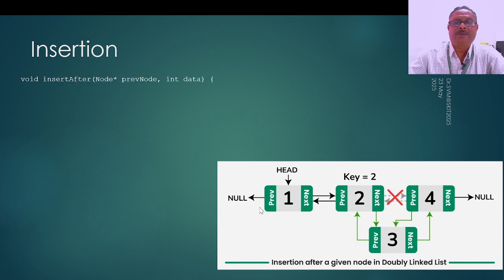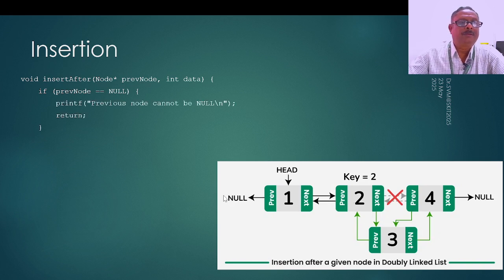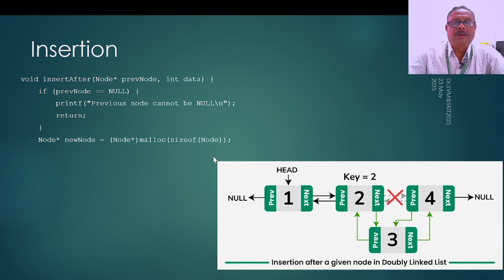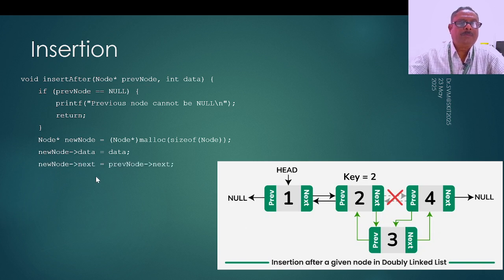For insert after, we need to know where the previous node is and then the data. If the previous node is null, then we say that it is not possible. Otherwise, create a new node and add the data.